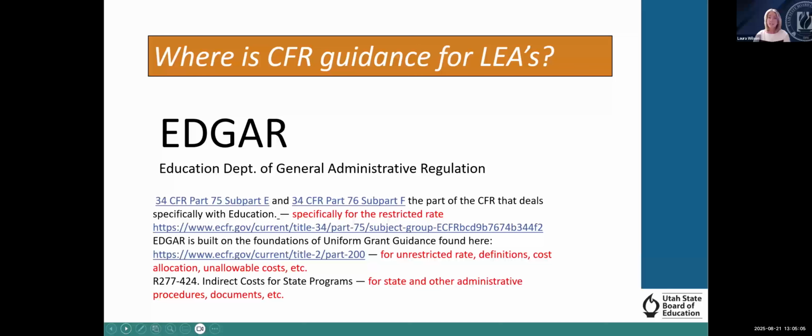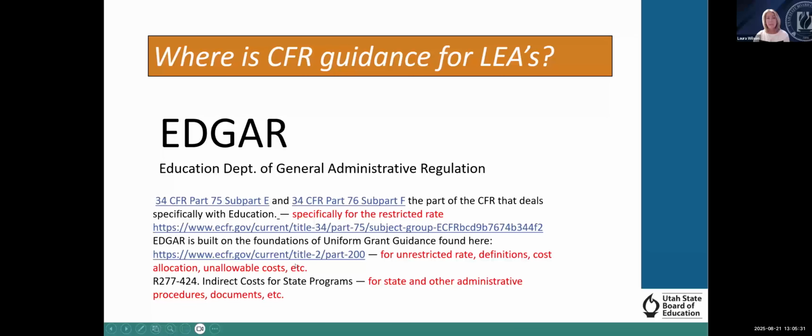If you want to dig into the CFR yourself and learn more about this fascinating topic, you can go to the Edgar section, which is 34 CFR Part 75 and 34 CFR Part 76. That's kind of where education lives in the CFR. And this talks about indirect costs specifically for restricted rate programs, typically our federal programs.